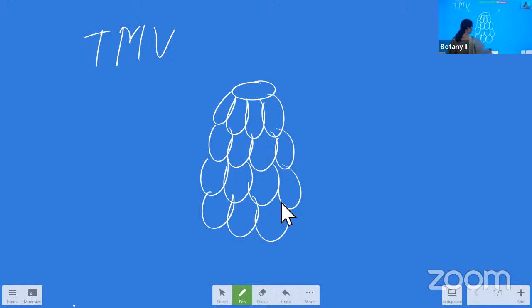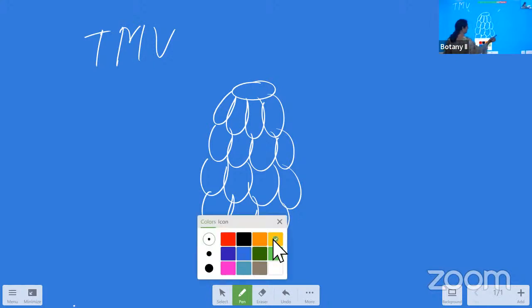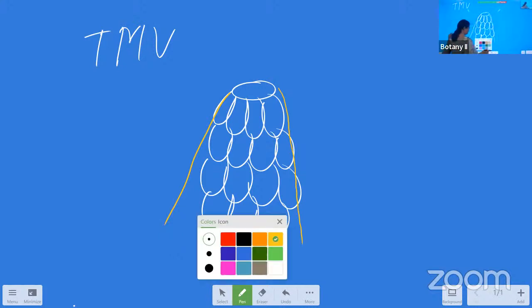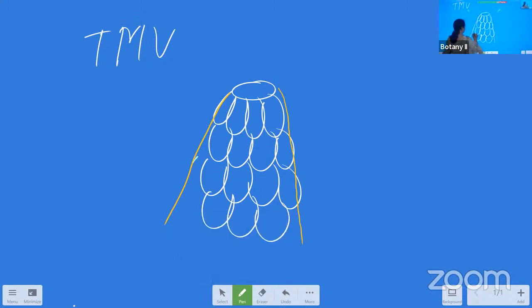Maintain the line over here, like this only, it should not go broad. Now, wherever you have missed, you can draw the capsomers. That's it.